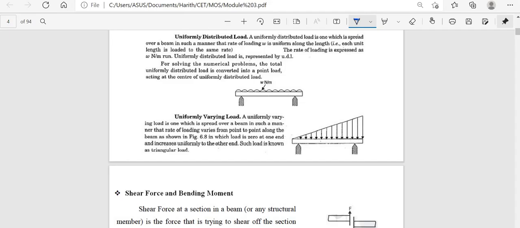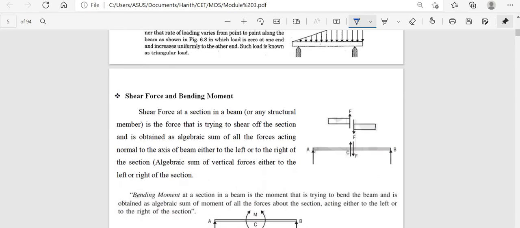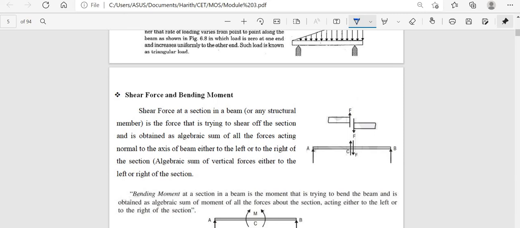The shear force at a section of a beam is a force that is trying to shear off the section, and is obtained as the algebraic sum of the forces acting normal to the axis of the beam, either to the left or right of the section.